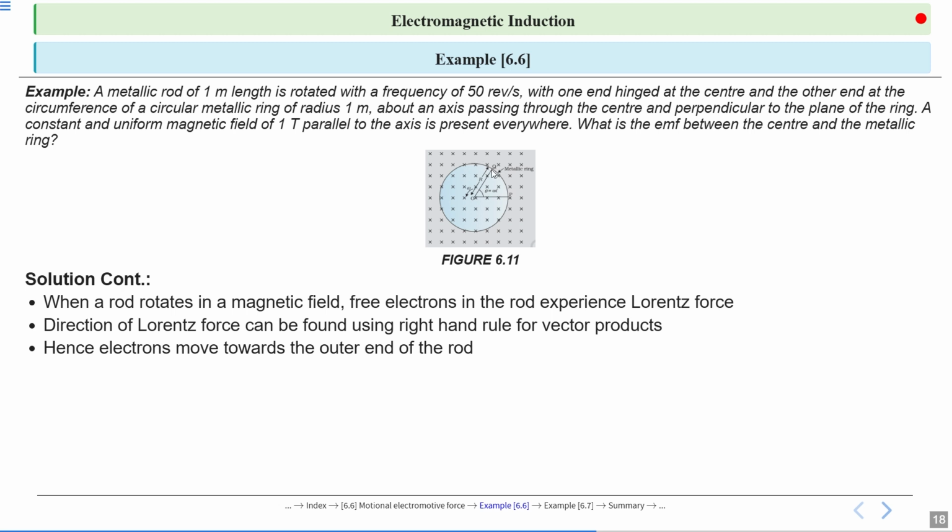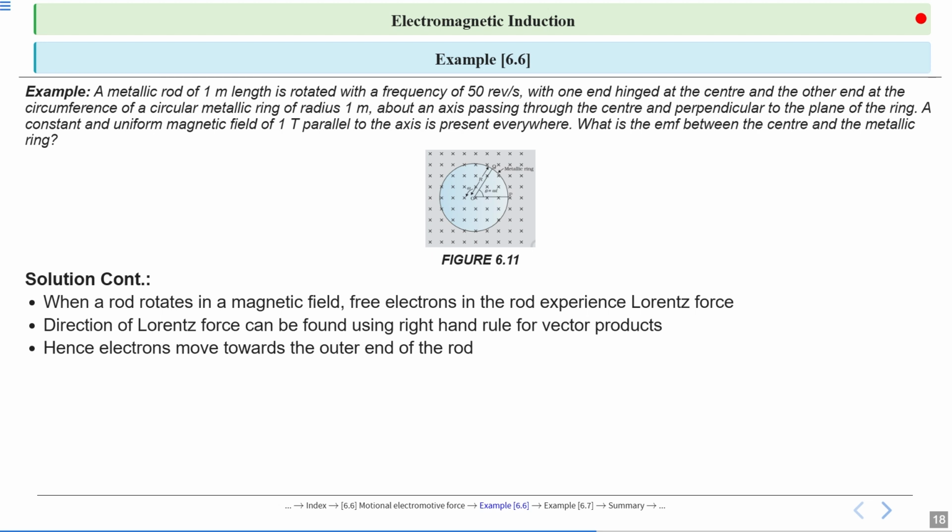The direction of linear velocity will be tangential to this point, and since the angular velocity is anti-clockwise, it will be towards this, as shown by the arrow. Align your fingers in the direction of the linear velocity of the rod at any instant, which is tangent to the circle, and curl them towards the magnetic field.